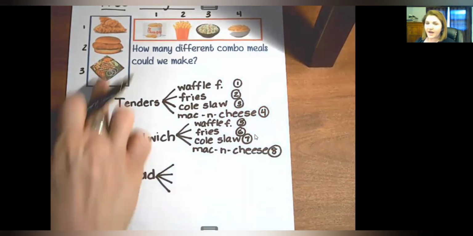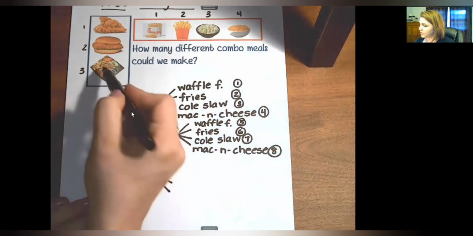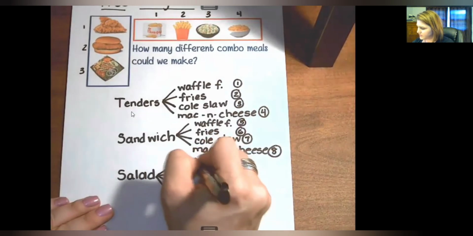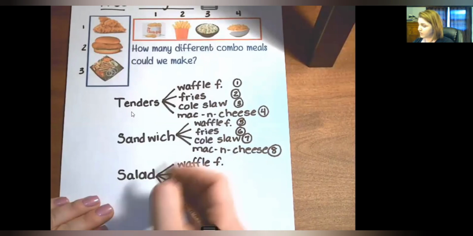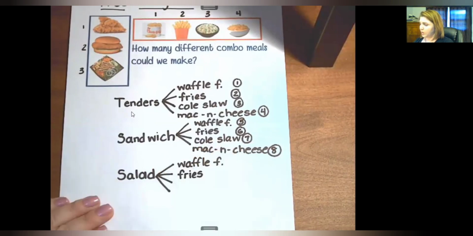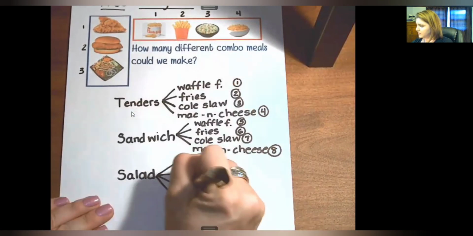Now we have our last entree. We have our salad. I could order salad with waffle fries, or I could order salad with regular fries, or I could order a salad with coleslaw.